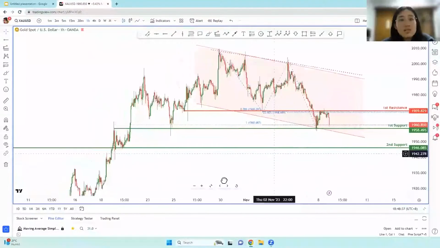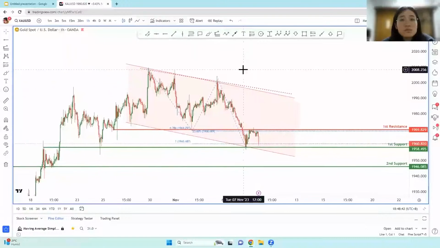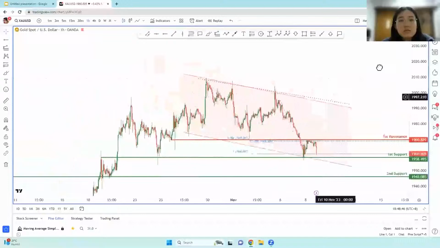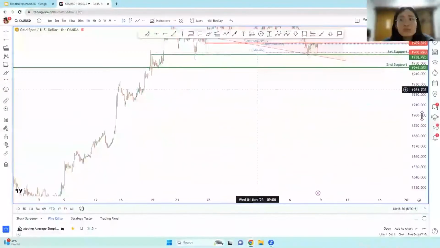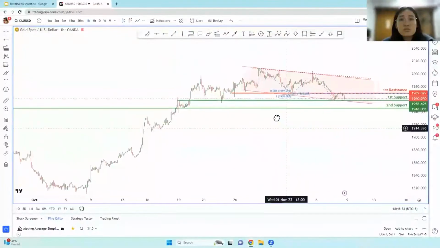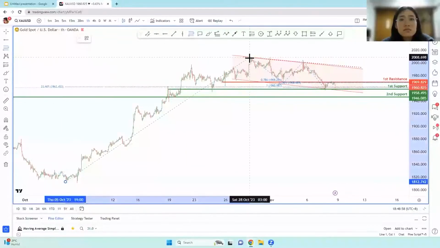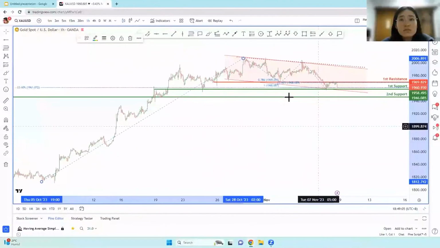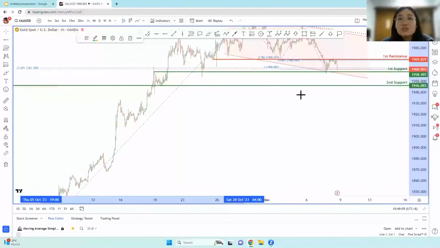Let's see what else we have. My 23.6 lines up with my first support as well.